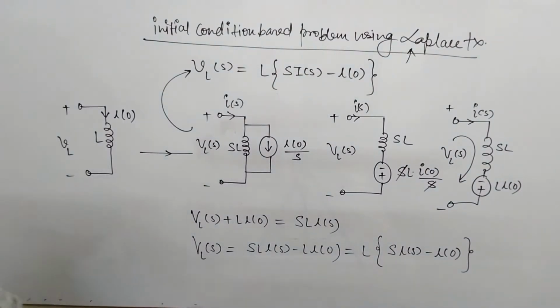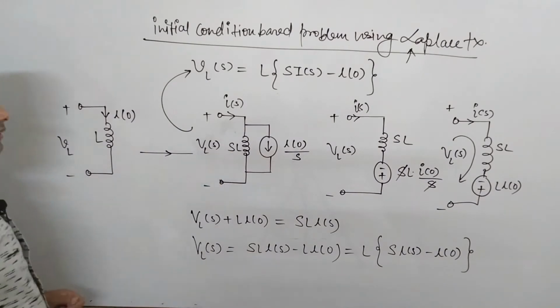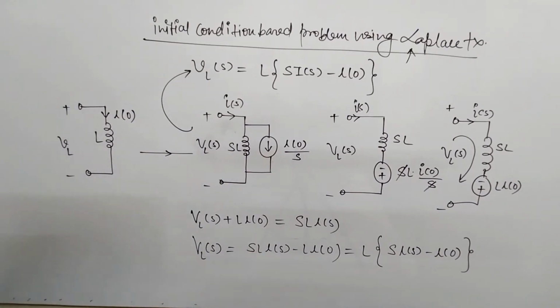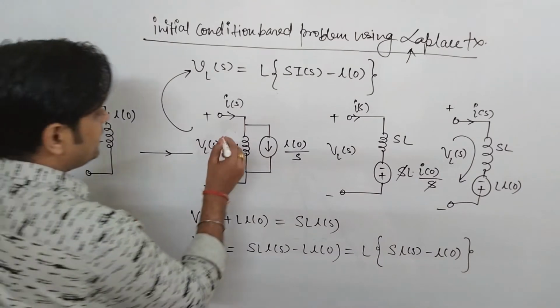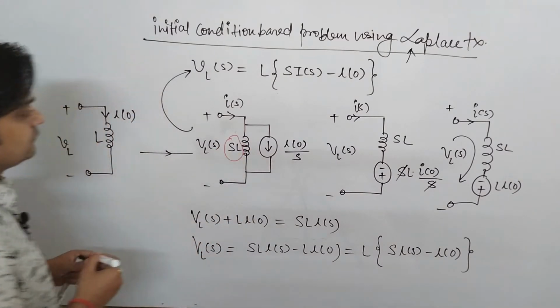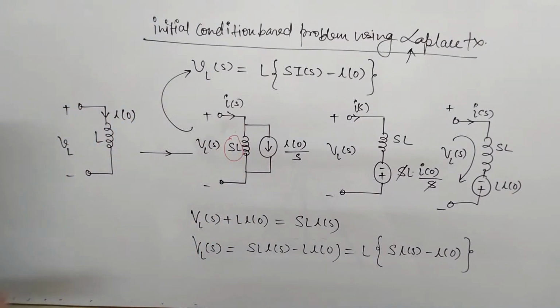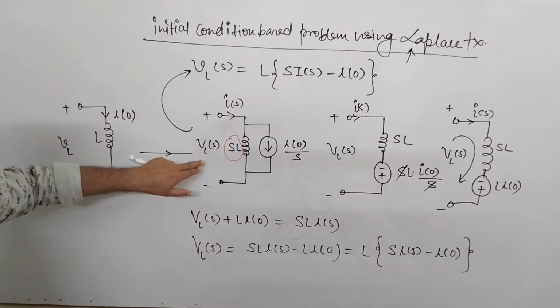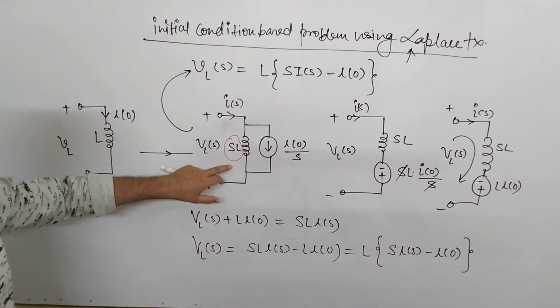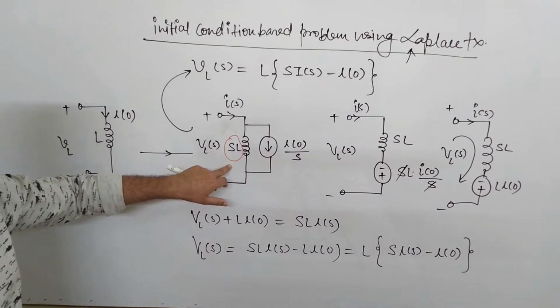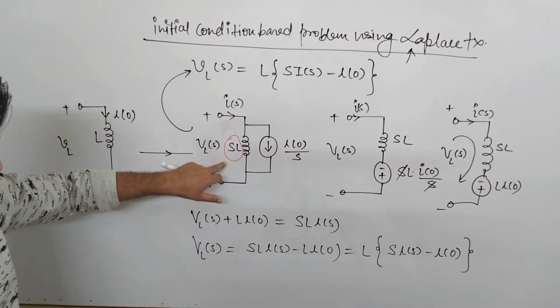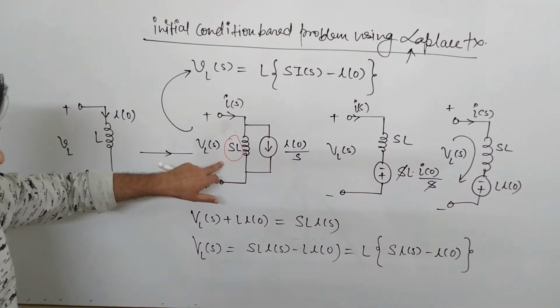Now a very important question may come to your mind: how does this sL come here? This is basically a transformation technique. Just keep in mind, if the inductor is in this form, in Laplace it is represented by sL, basically an inductive reactance.